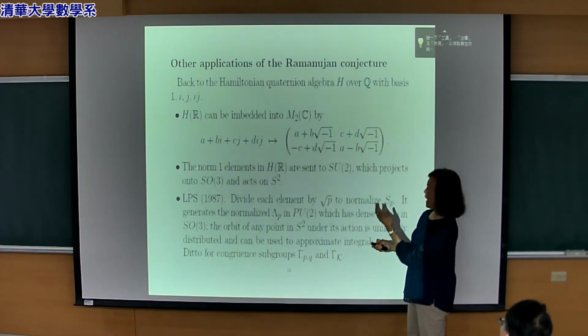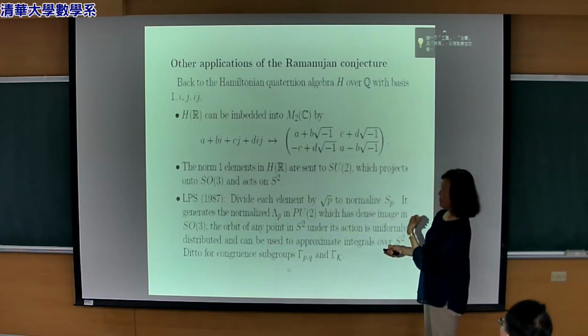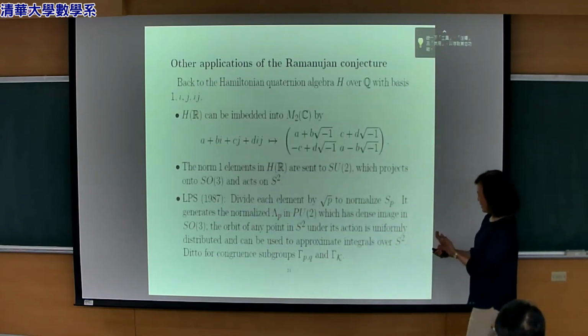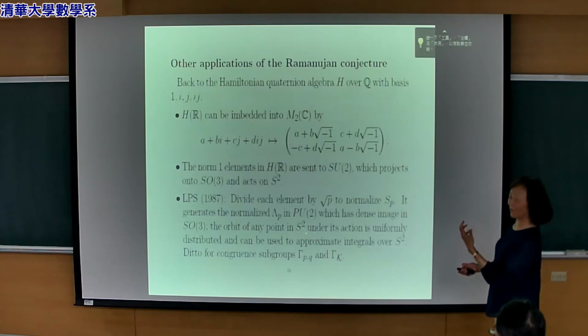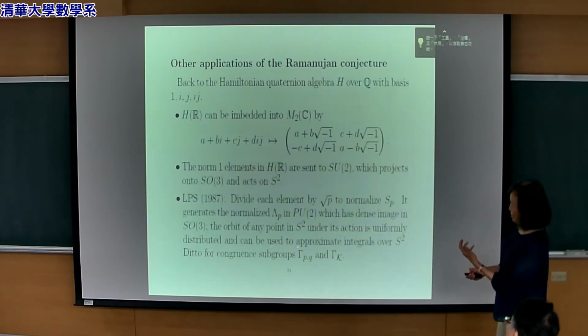Then SO3 acts on the sphere S2. If we take any point on S2, we just move it around by the image of lambda P in SO3. They show that this orbit is uniformly distributed on the sphere. It doesn't matter which point on the sphere you choose; you look at the orbit, and that orbit is uniformly distributed.